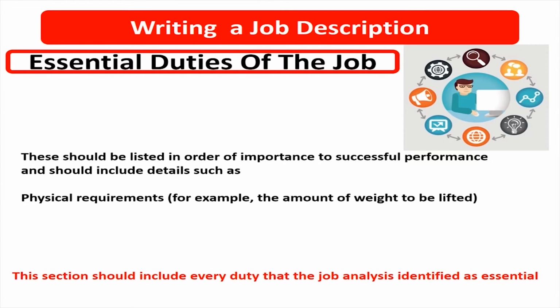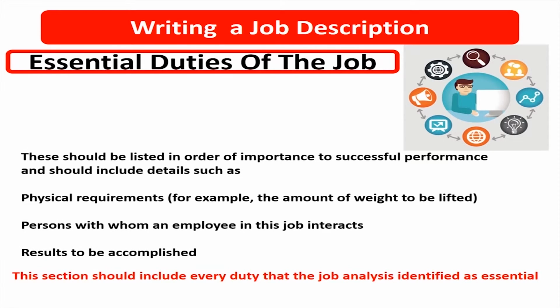For example, it could be the amount of weight to be lifted, the persons with whom an employee in this job interacts, and the results to be accomplished. This section should include every duty that the job analysis identified as essential.